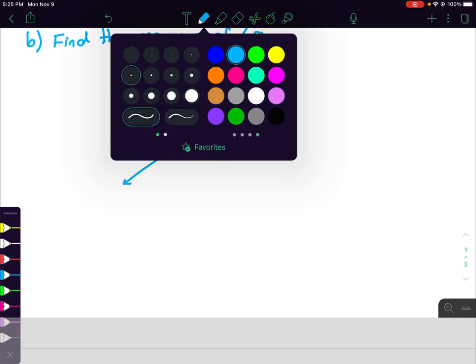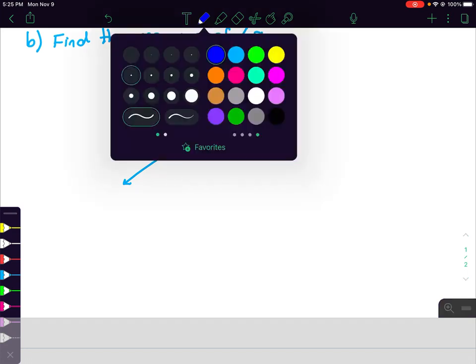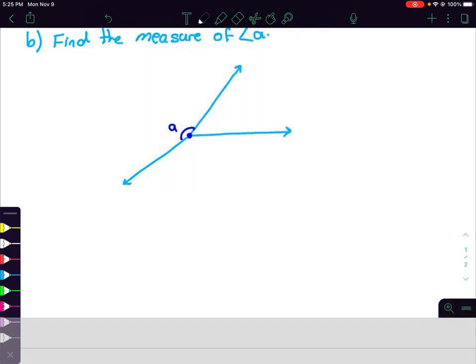The angles we have, this one they call A, and for the other ones we have this one 70, this one we have 140 degrees.